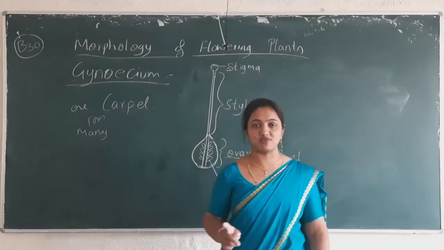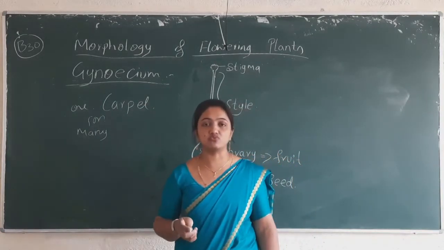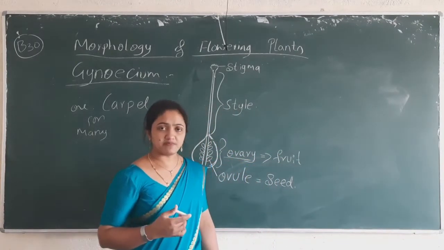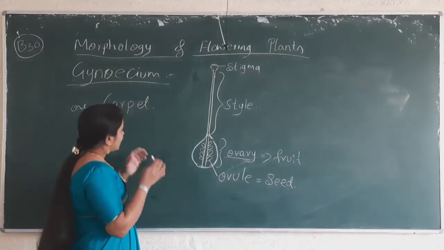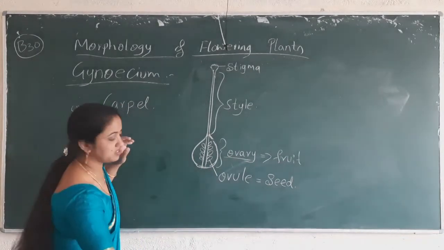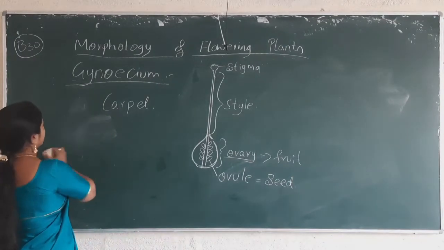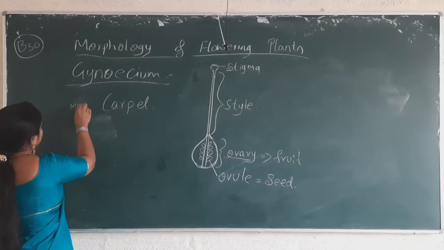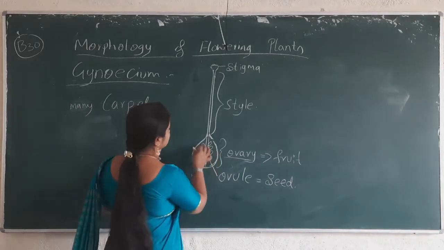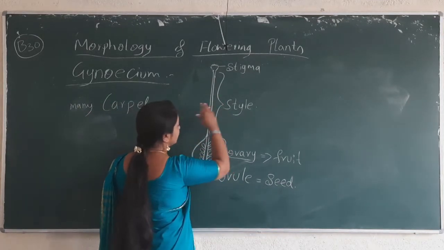Only one carpel may be present, or 2, 3, 4, 5, 6, different numbers of carpels may be present. Consider many carpels are present, meaning the same carpel will be many in number.